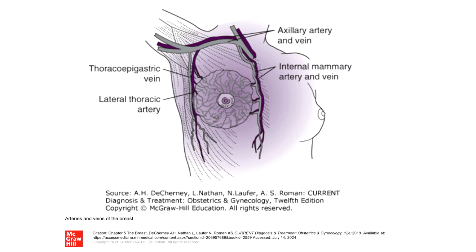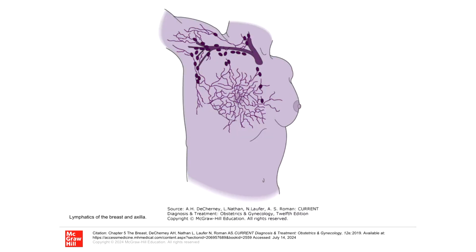The other thing to remember, just to review, is that the mammary gland is surrounded by main arteries: in the midline, the internal mammary artery and vein, also the axillary artery and vein, and we have the thoracoepigastric vein and the lateral thoracic artery on the lateral side. It is also important to remember that the breast gland is surrounded by a lot of lymphatic tissue and lymph nodes.